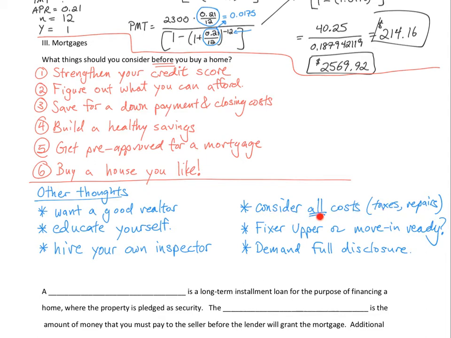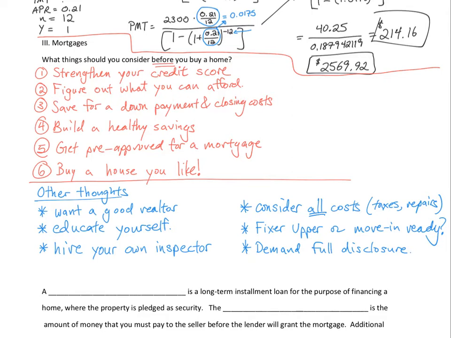When you consider all costs of a house, that includes paying taxes on a house, or repairs that you have to make on a house, or the insurance, home insurance policy that you'll have to have on a house. All of those things factor into what you can afford.